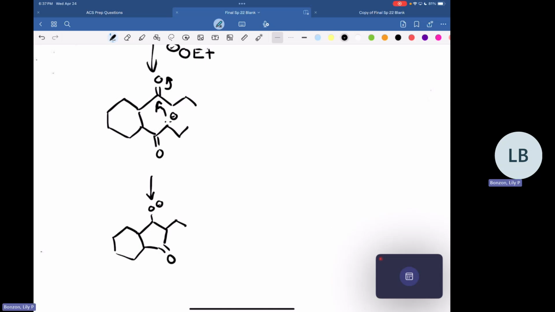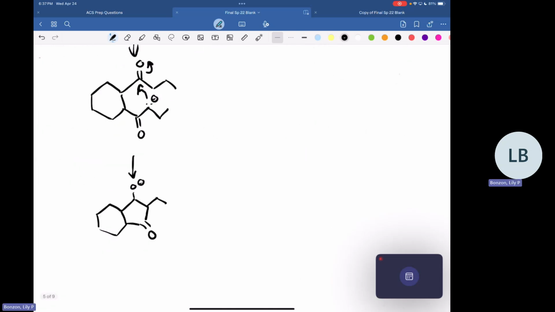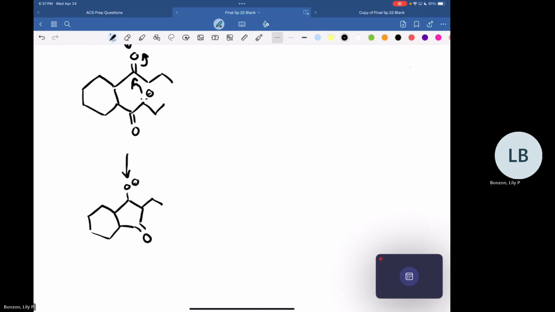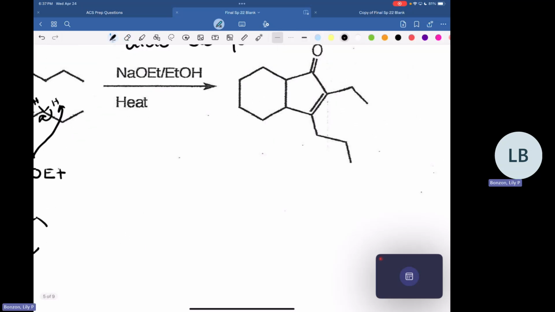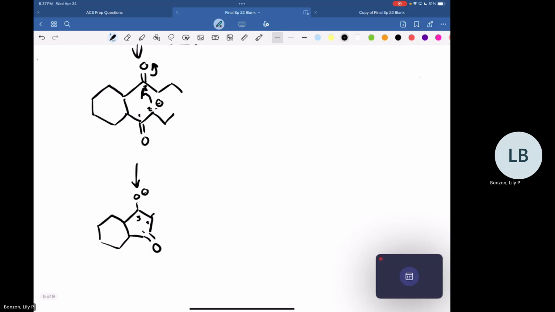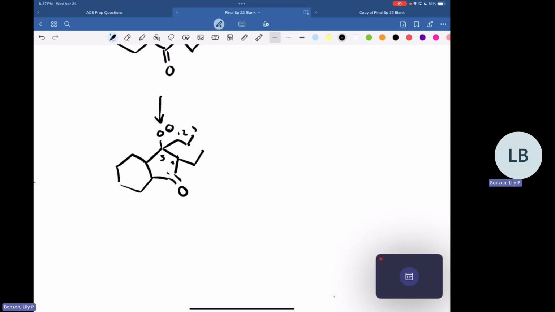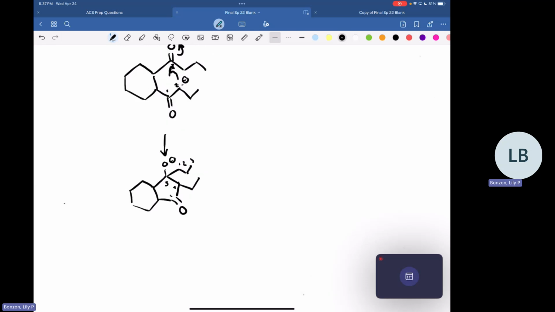And then also coming off of that carbon, I don't think I drew that right. Okay. Sorry, that was a struggle. Okay. So we've got our O- now, and we've formed our ring.